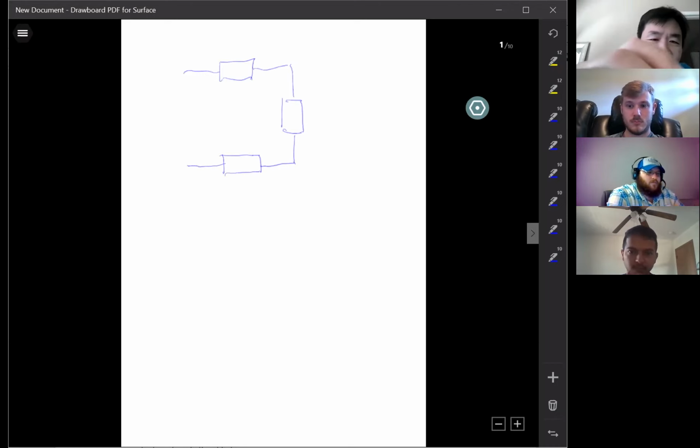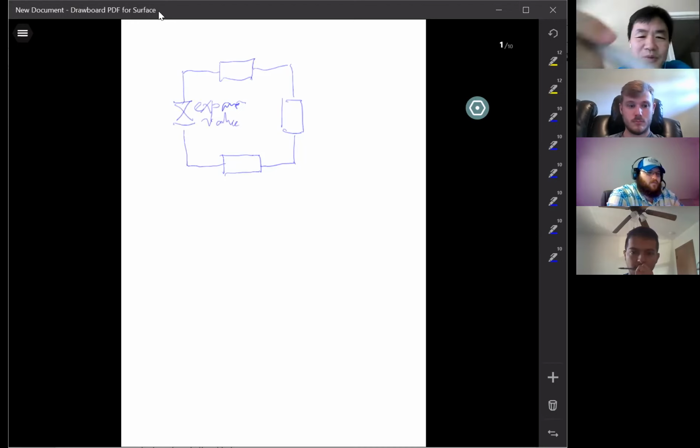Valve. What do you call it? The expansion valve. I'll draw a valve here. This is the expansion valve. What are the other 3? Compressor. Which one is the compressor? The one across from the expansion valve. Good job.